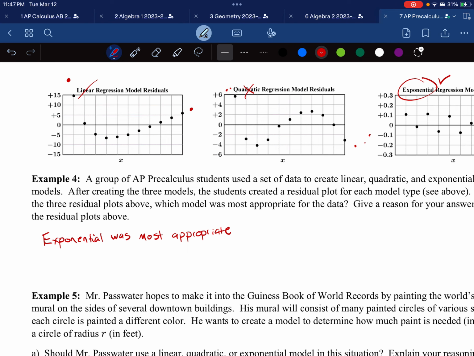It asks the question, give a reason. And you'll say, because the graph of the residuals has no pattern.